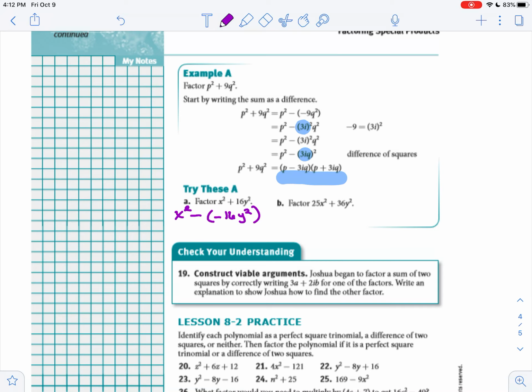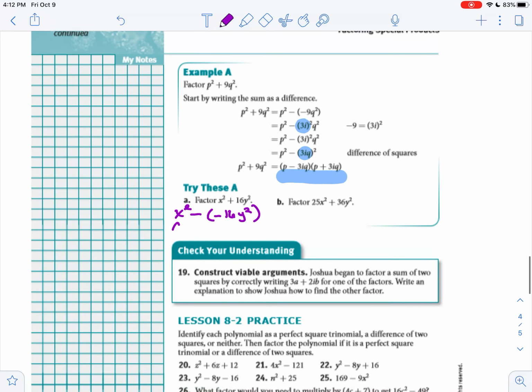And then if we were to replace 16 with 4i squared, we could rewrite this as x plus 4iy and x minus 4iy. So really all you're doing is adding in an i in this situation.